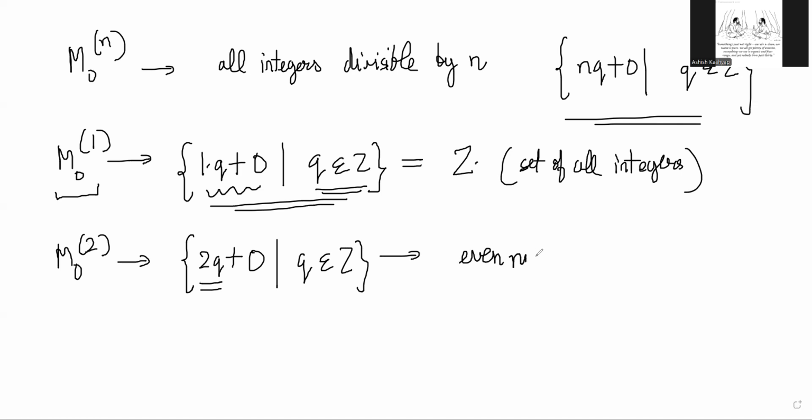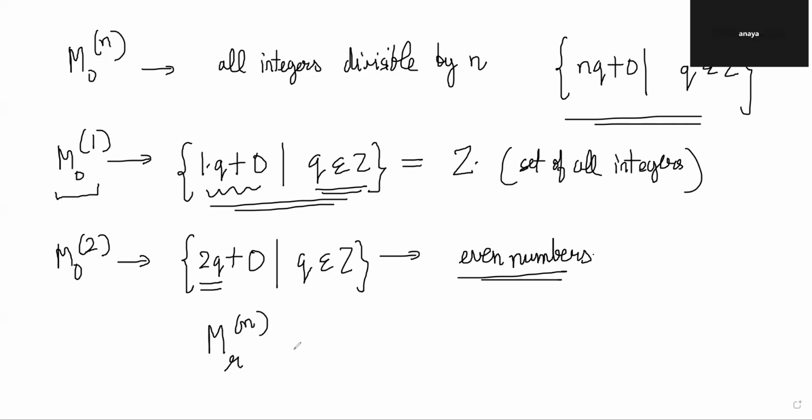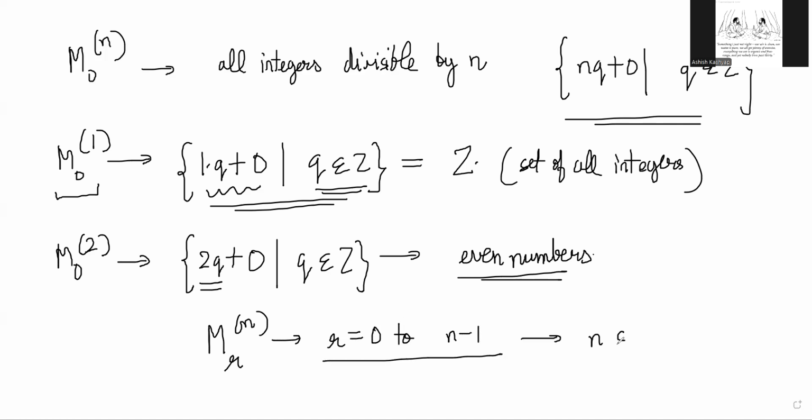Do you understand what I'm saying? So for all of these sets M_r^(n), how many such sets are there? r goes from 0 to n minus 1, so there are n sets. These are given the name residue classes modulo n.